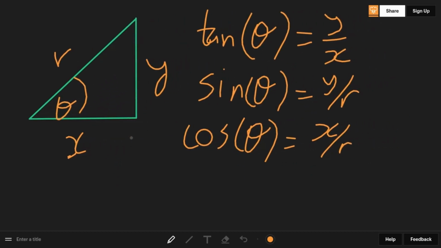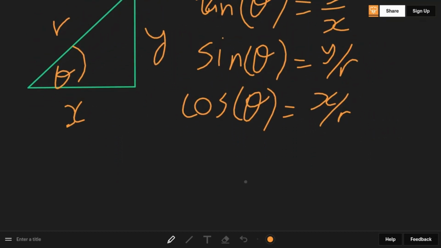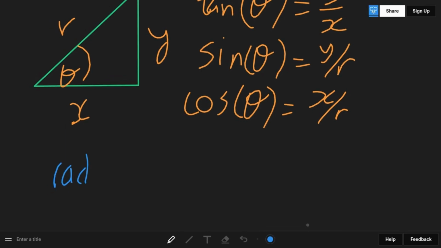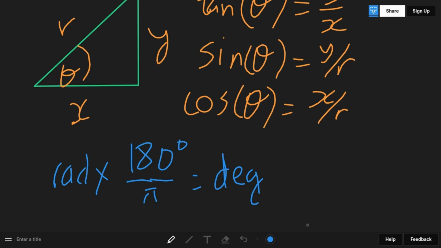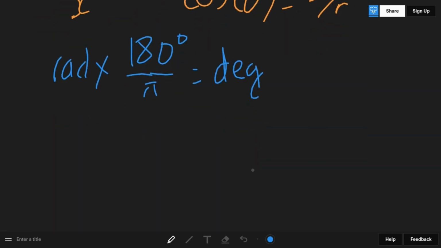But if you can't figure out where a point on the unit circle would be, something you can do is take the radian measure, multiply it by 180 degrees, and then divide that by pi, and you'll get the answer in degrees. That might help you figure out where the angle is. So let's do a couple of these problems, and then we'll also go over how to graph a sine function.